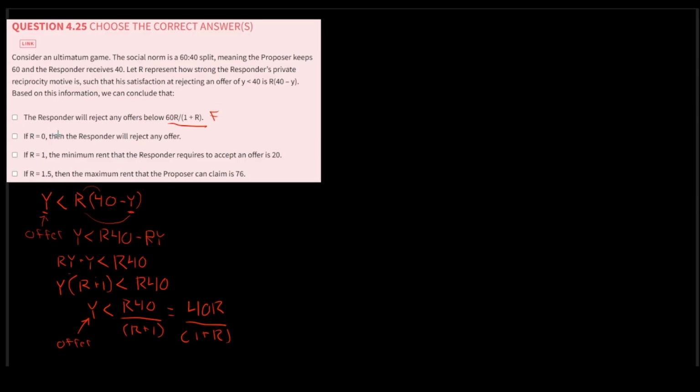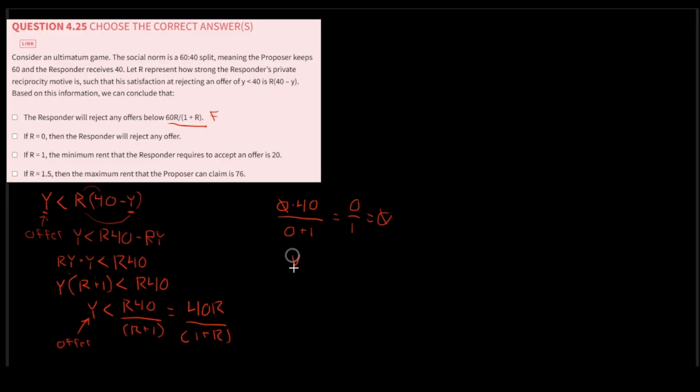If R equals 0, then the responder will reject any offer. Well, wait a minute, that doesn't sound right. Let's take a look. What happens if R equals 0? You have 0 times 40 all over 0 plus 1. So you have 0 over 1 equals 0.